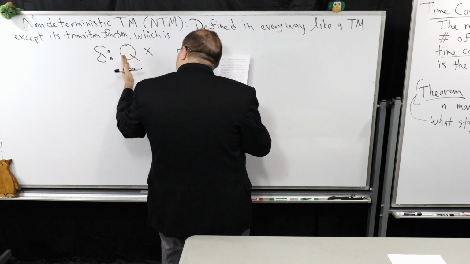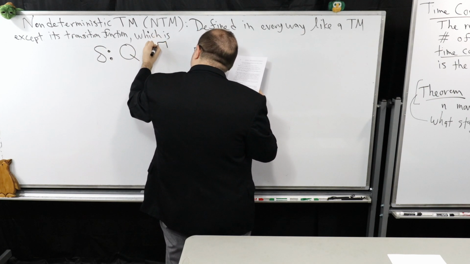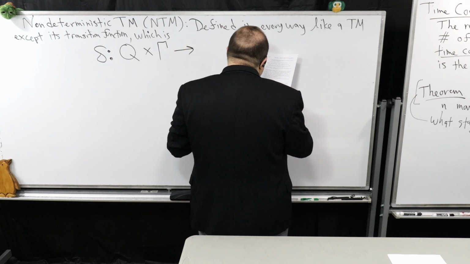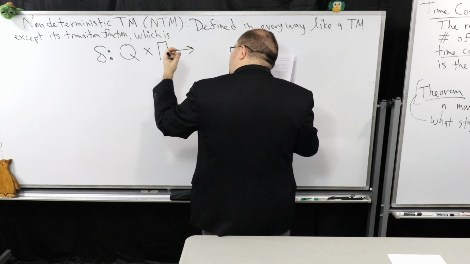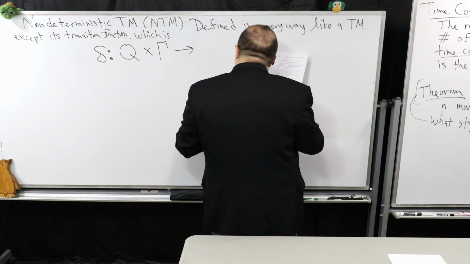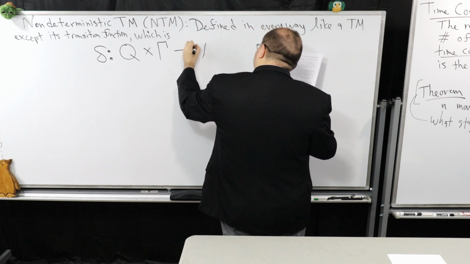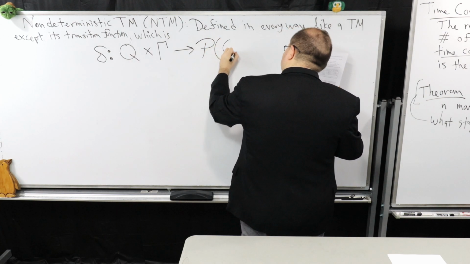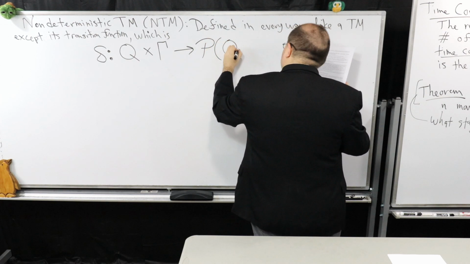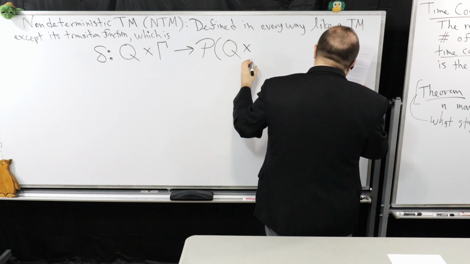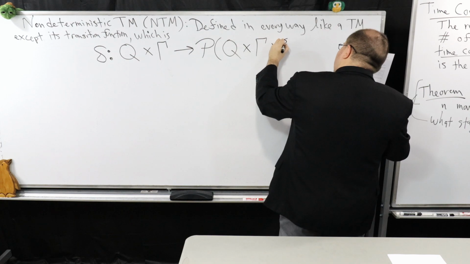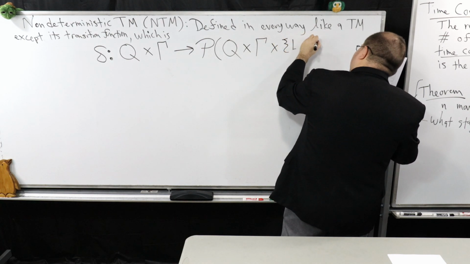So I'm going to assume I'm given a state and some tape symbol as my input, and I'm going to get some subset, so I'm going to write the power set of the state, a tape symbol, and a left or right direction.